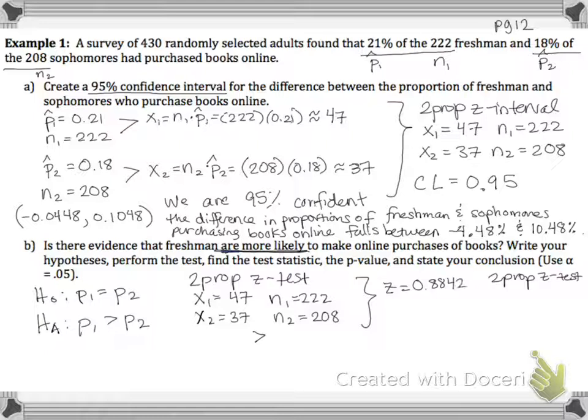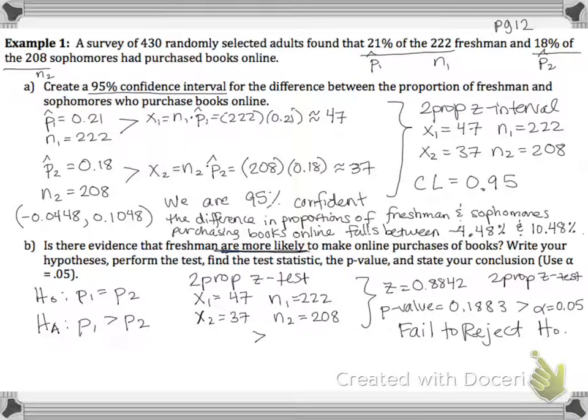So it's less than 1 standard deviation away from the mean. And the mean in this case is 0, so these are really close to one another. The p-value is 0.1883, and alpha was 0.05. So the p-value in this case is much larger than alpha. So here we would fail to reject the null.